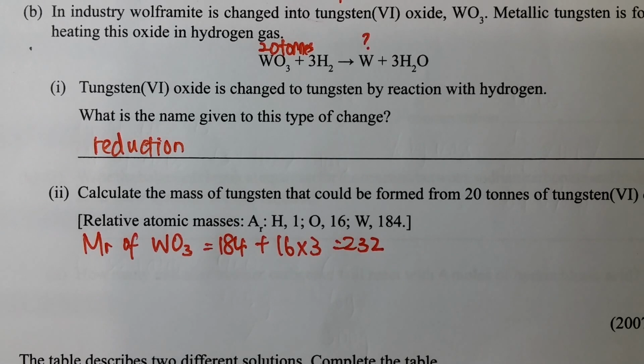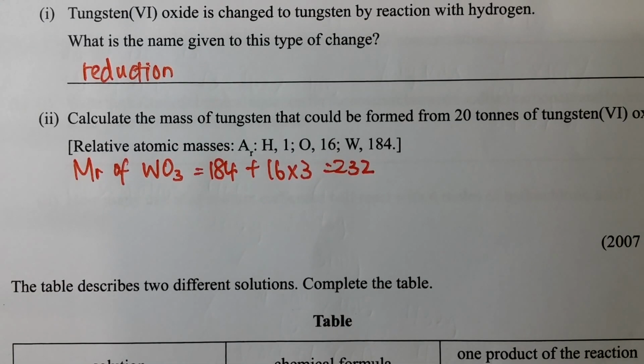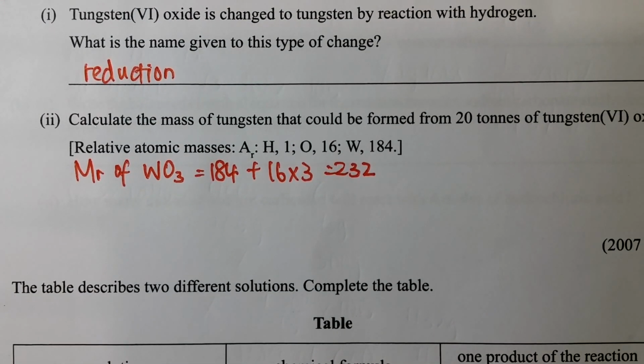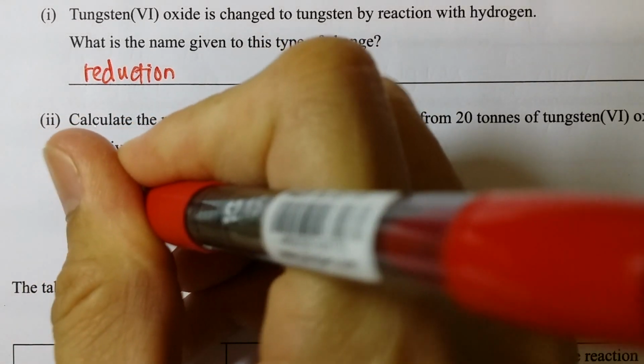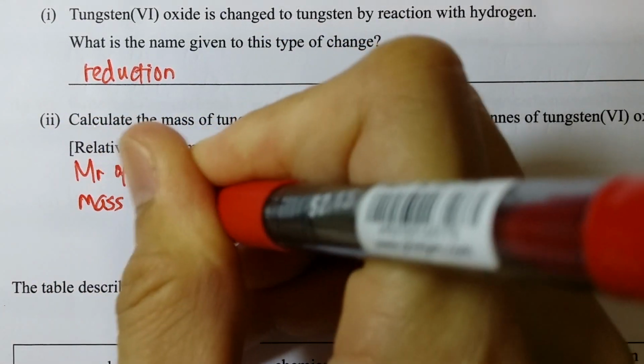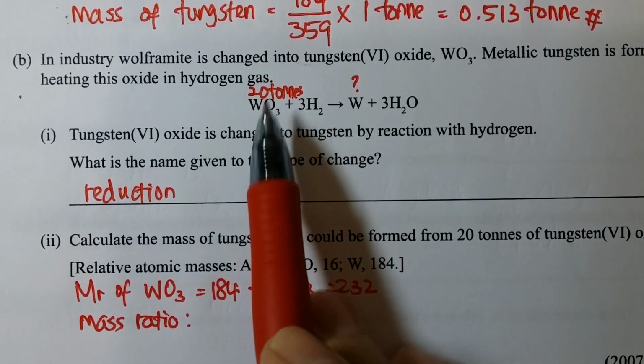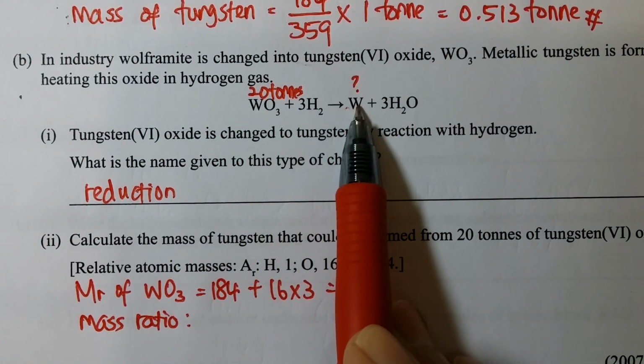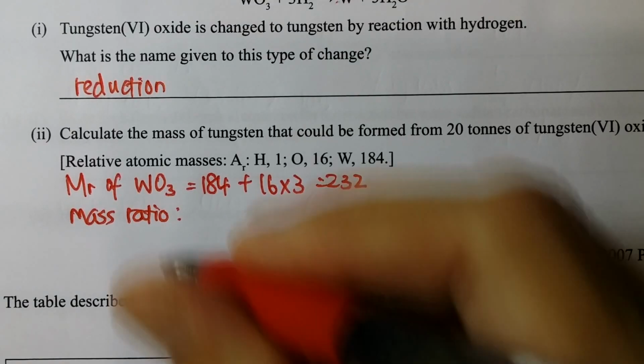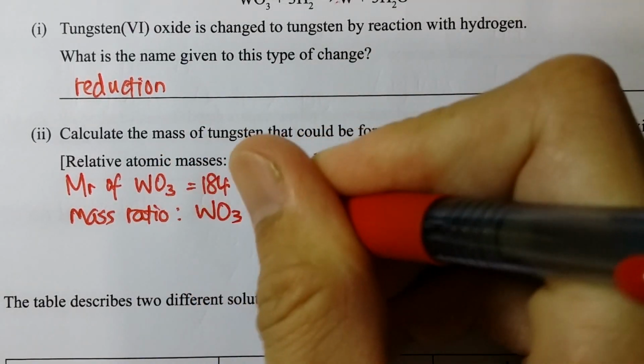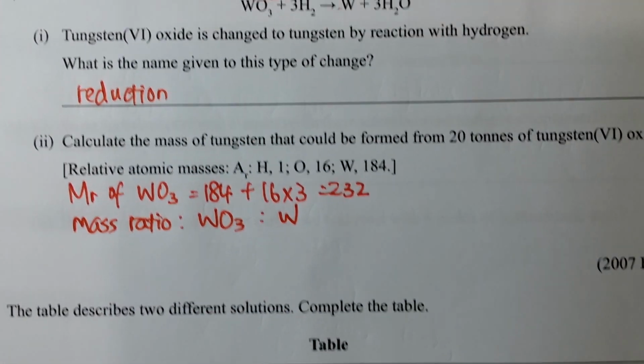MR of WO3 is 232. Then we can look at the mass ratio. Mass ratio of what? It's always two chemicals. Mass ratio of WO3 and W.